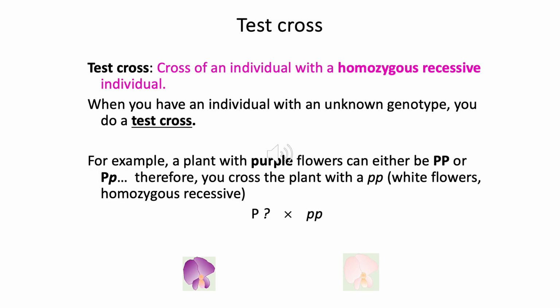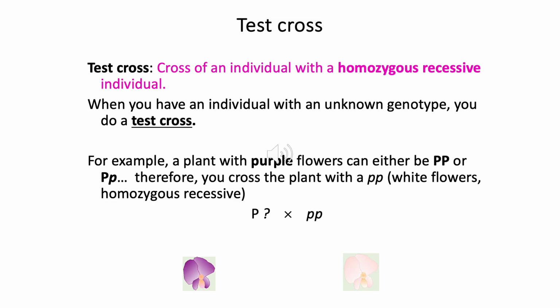If you observe purple color, you cannot tell whether the genotype is homozygous or heterozygous. Therefore, you cross the plant with a homozygous recessive, white-flowered plant, so that you can deduce the genotype of the individual you crossed.